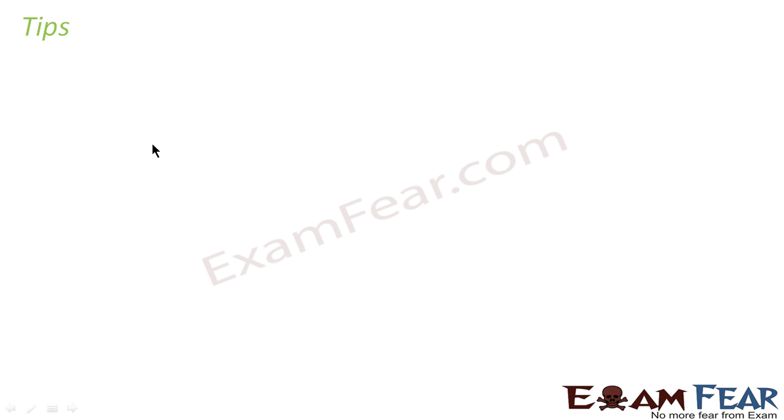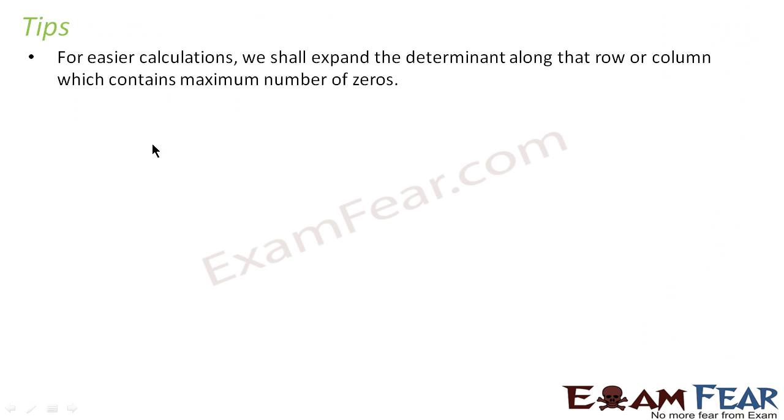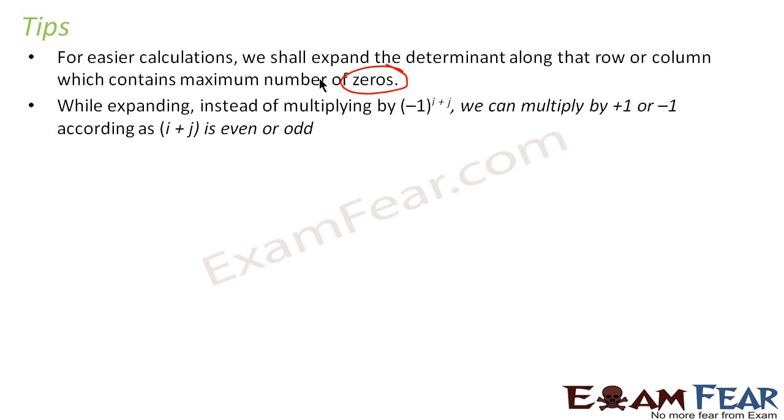Now here are some tips for easier calculation. We can expand the determinant along the row or column that has the maximum zeros. That will ease the calculation, so try to expand along the row or column with the most zeros. Also, instead of writing minus 1 to the power i plus j, you can find i plus j: if it is odd, multiply by minus 1; if it is even, multiply by plus 1.